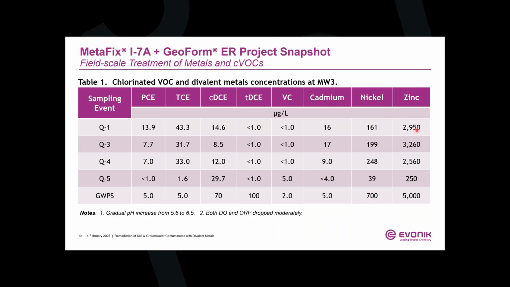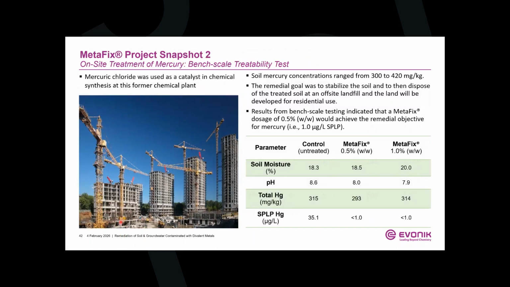And zinc from almost 3,000 ppb reduced by more than 90% down to 250 and well below the action level. And concomitant with these changes or removals of the chlorinated ethenes and the divalent metals, we had a gradual increase in pH modestly and drop in ORP over time.